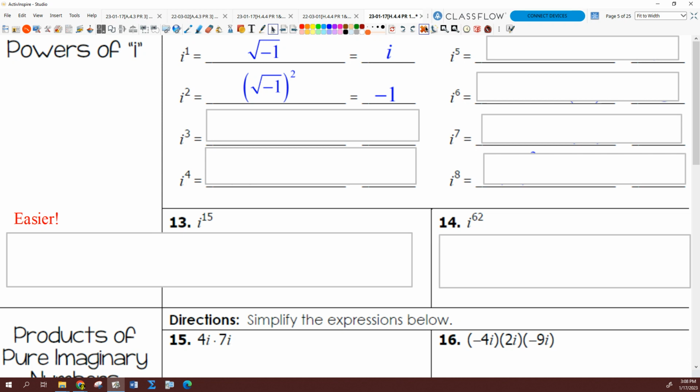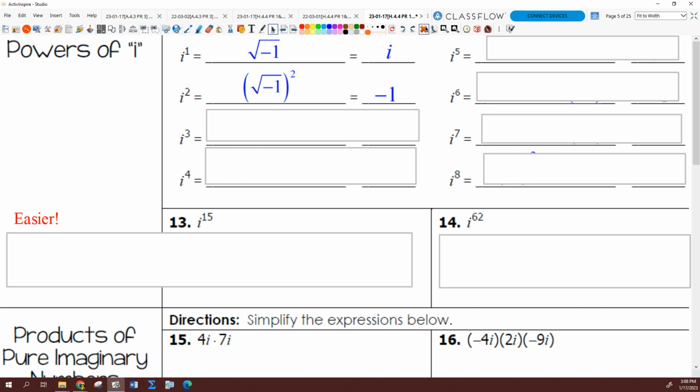What's i cubed? Using properties of exponents, what could I find the answer is? How could I rewrite i cubed in terms of stuff I already know? If I multiply like bases, what do I do to the exponents? Add them, right?